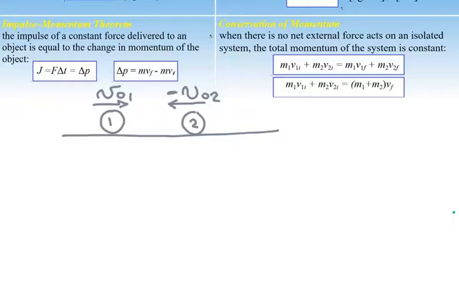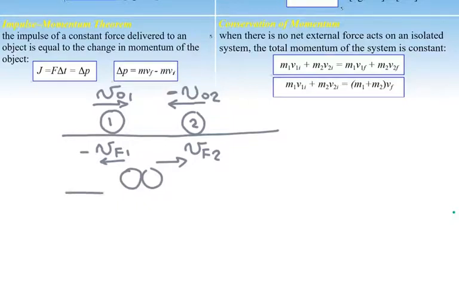In one collision, they could hit each other and then bounce back. After the collision, the first one may have some new final velocity, and the second one can have a new final velocity 2. One of them is probably going to be negative because it changed direction.